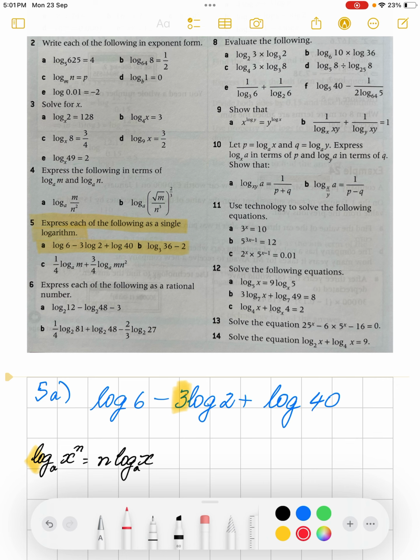So that's the property I'm going to use. I'm going to use it in reverse, starting here and changing it into the left side, so that's with the 3.